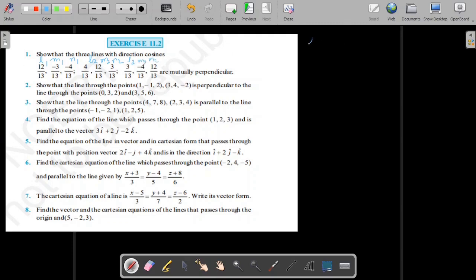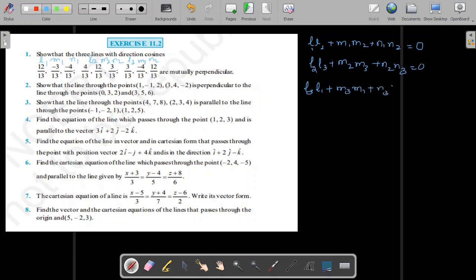So you have to prove l1 l2 plus m1 m2 plus n1 n2 equal to 0 because they are perpendicular. Then l2 l3 plus m2 m3 plus n2 n3 equal to 0. Then l3 l1 plus m3 m1 plus n3 n1 equal to 0. I will do one. So that is 12 by 13 into 4 by 13.